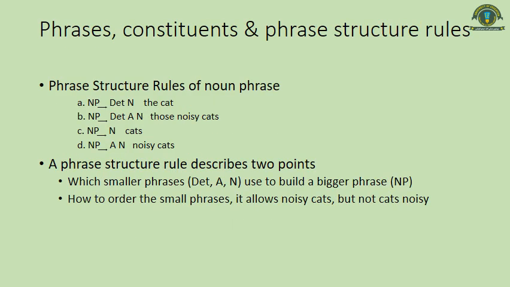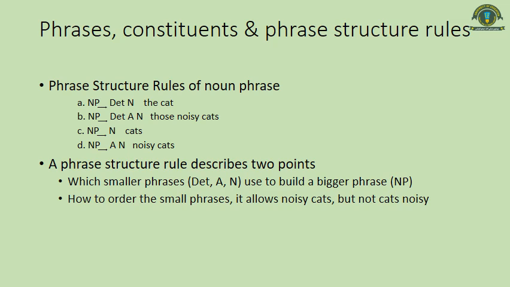In English, a noun phrase, a determiner followed by a noun, or determiner followed by an adjective, followed by a noun, or a single noun, these are the phrase structure rules describing noun phrases. These are also the constituents, the syntactic categories which are made by phrase structure rules.